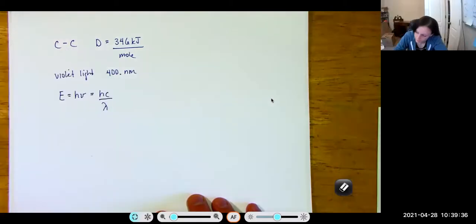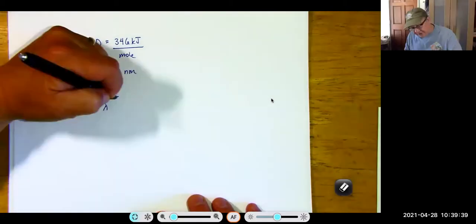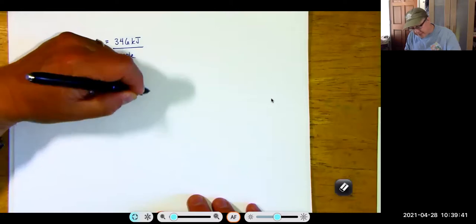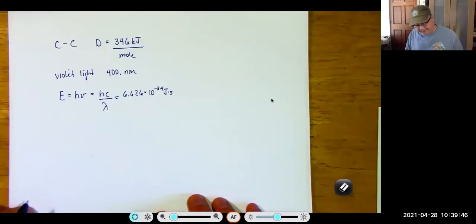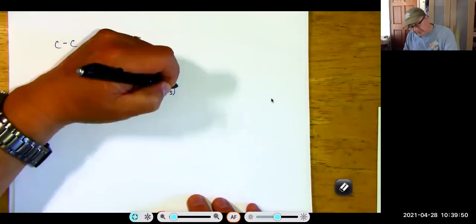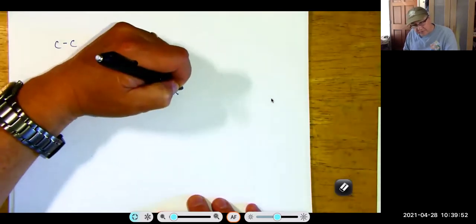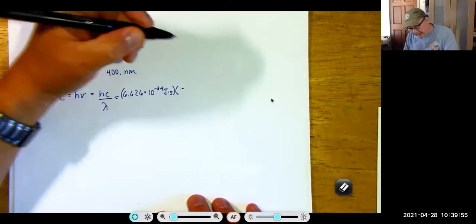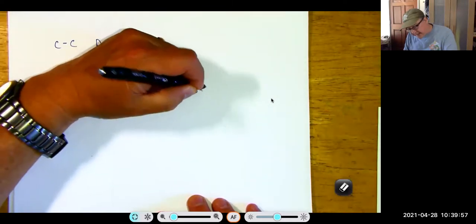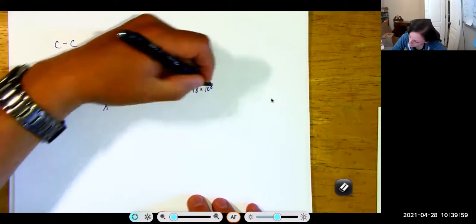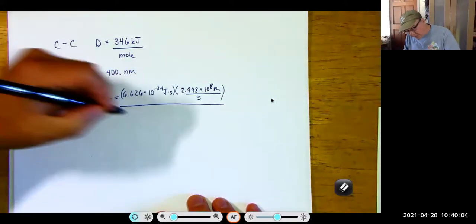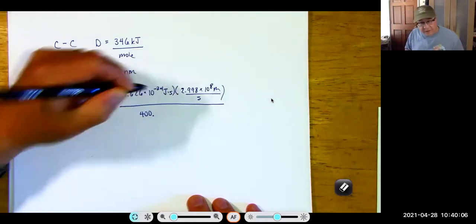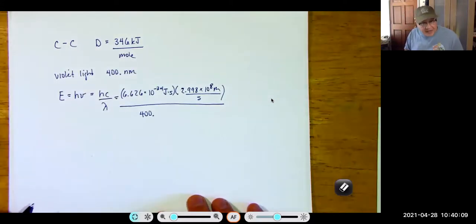So we have 6.626 times 10 to the minus 34 joule seconds times the speed of light, 2.998 times 10 to the 8th meters per second. And we don't want to use 400.0 nanometers, we're going to use 400 times 10 to the minus 9 meters.